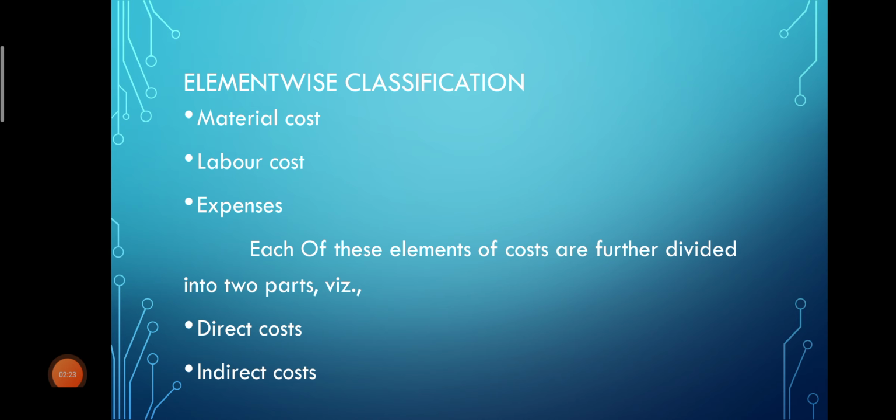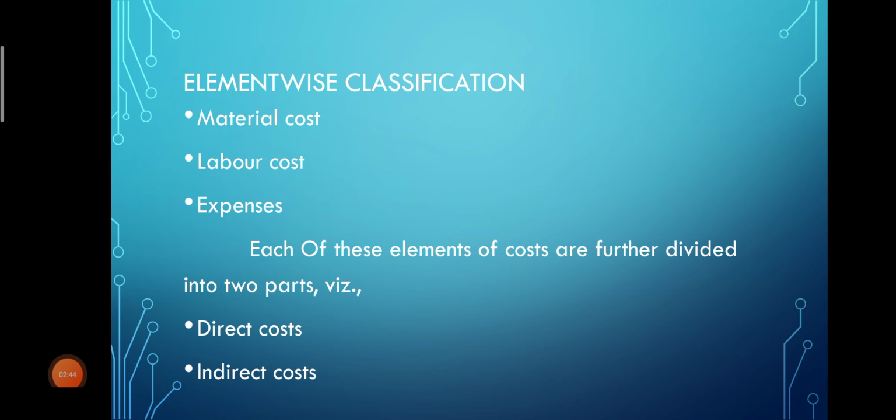According to element wise classification, total cost is divided into 3 categories, that is material cost, labor cost and expenses. Each category is subdivided into direct cost and indirect cost.